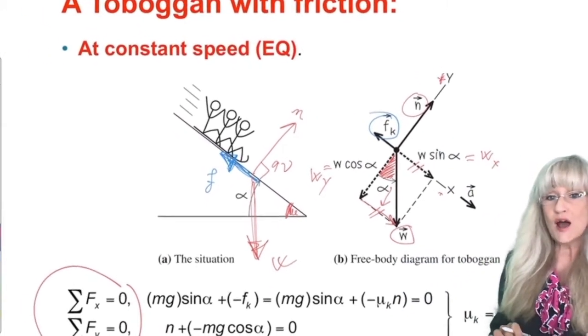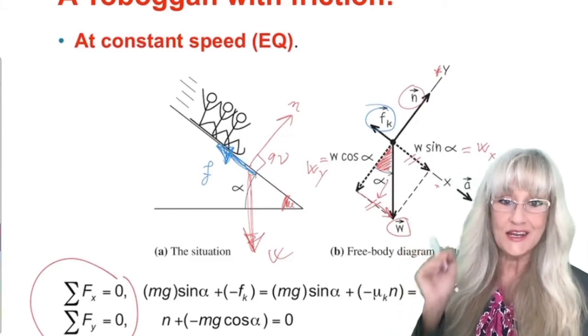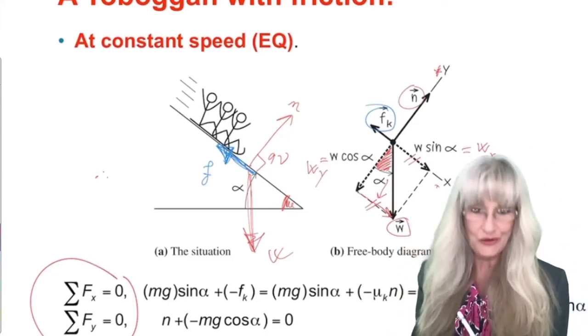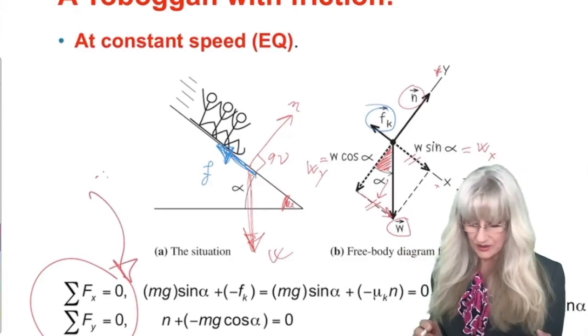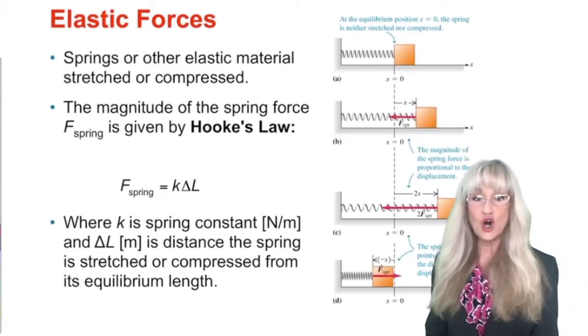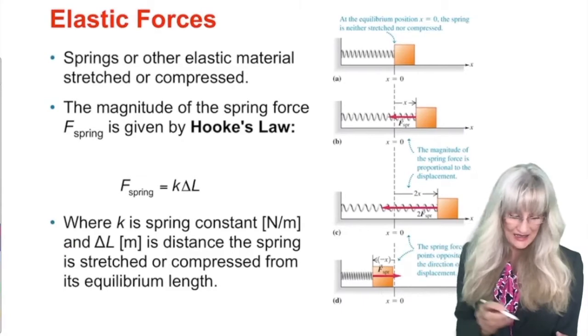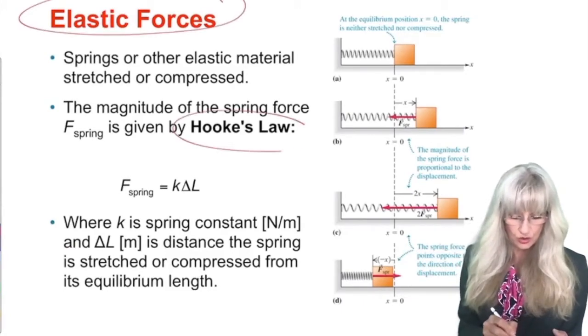In any case, you have a solved step-by-step example in the chapter about this one and how you get to this equation. We will do it again. We are almost done. The last type of force is an elastic force, also called Hooke's law.